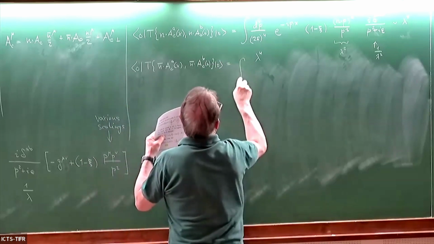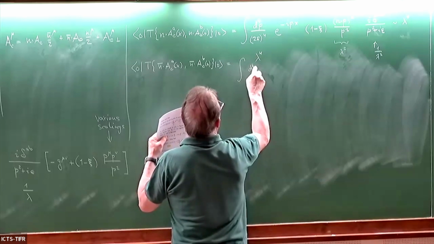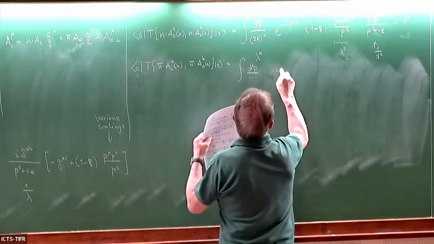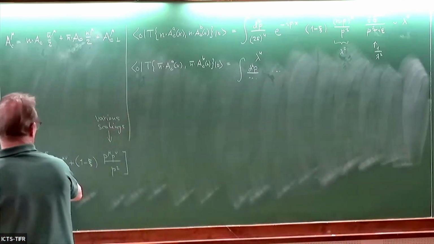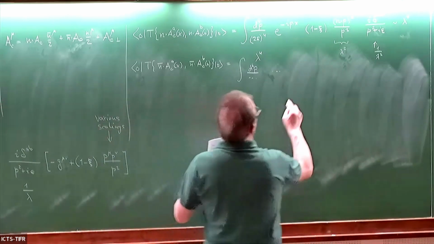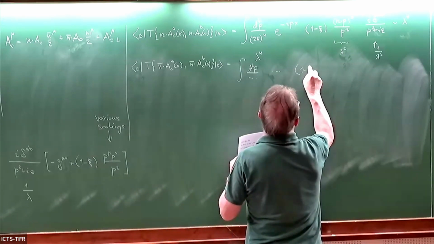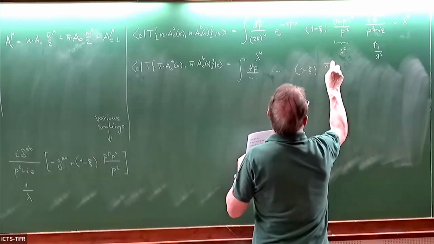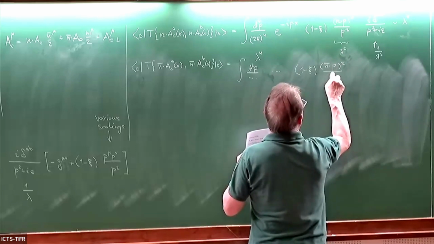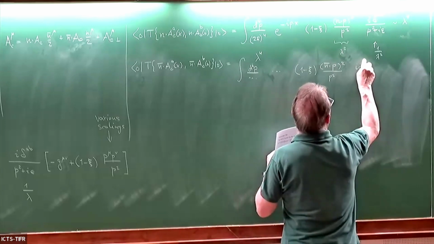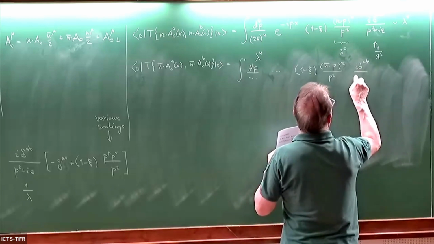Let me just be brief here: d^4p over 2 pi, the exponential. Same thing here, n bar squared is 0. So the only difference really is that now we get n bar dot p squared over p squared, and then delta AB over p squared.